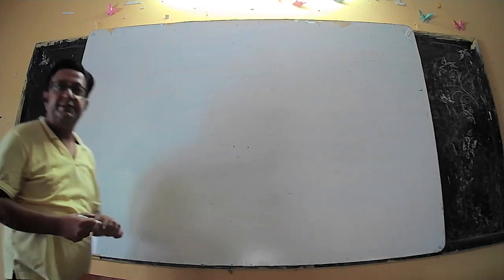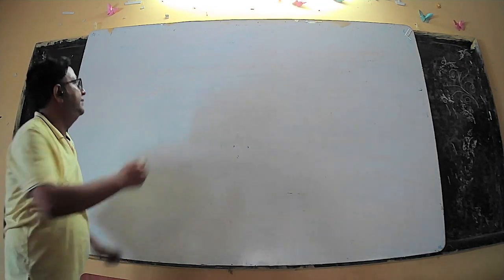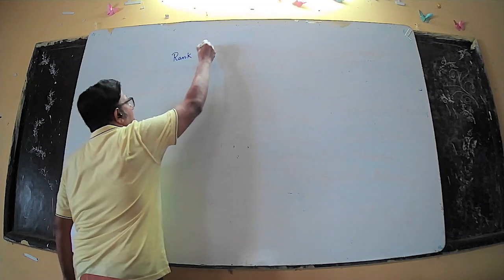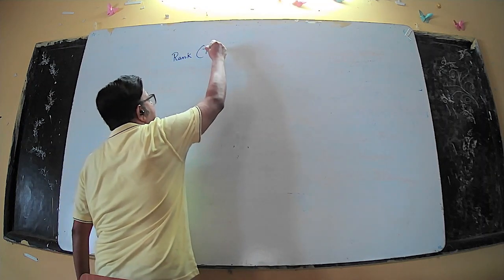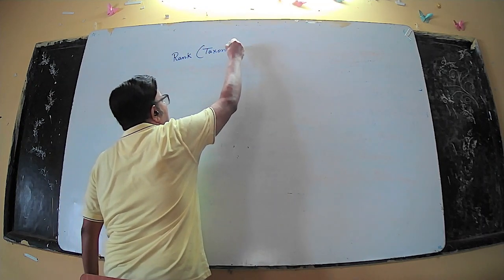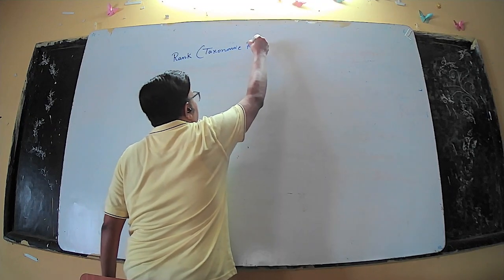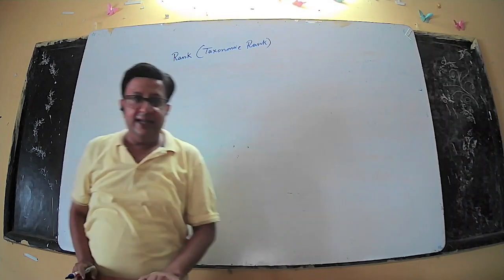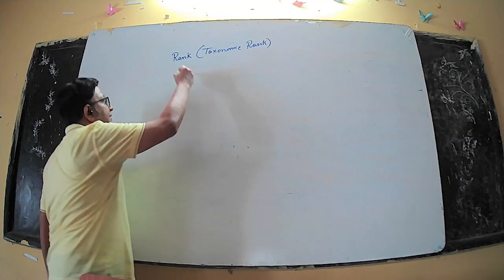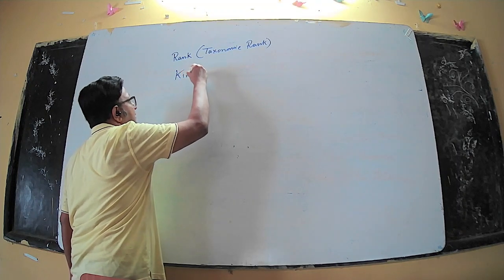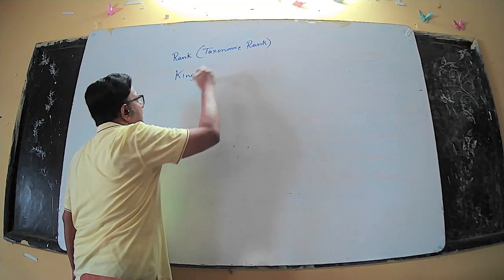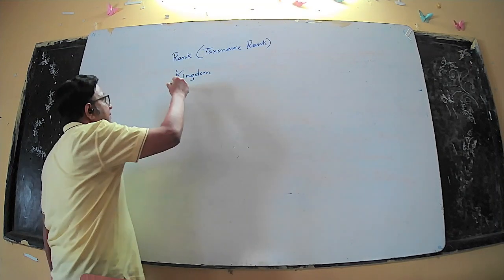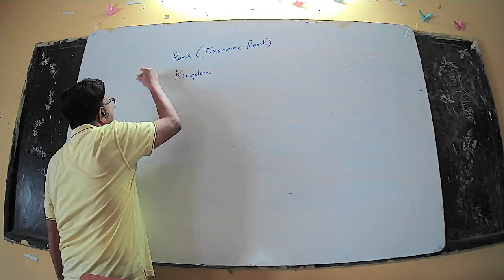Now, organisms are classified on the basis of rank, or they are known as taxonomic rank. They are classified on the basis of taxonomic rank, and these are kingdom, phylum, class, order, family, genus, species. These are all taxonomic ranks. They are sometimes also known as taxa.